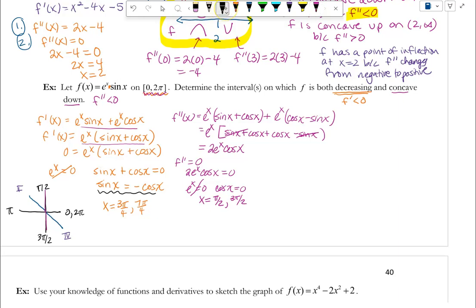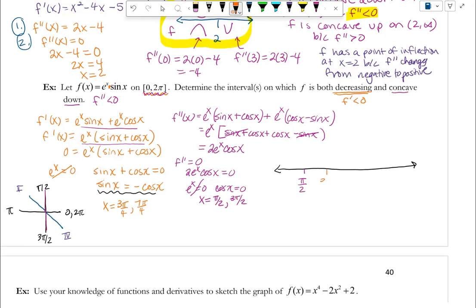All right, so I'm still going to make a number line, but I'm going to be careful here because I'm going to have to put a lot of stuff on this number line. The first thing I'm going to do is put these numbers in order on my number line so I don't put pi over 2 in the wrong spot. So pi over 2 was our first thing to consider. That was where our second derivative was 0.